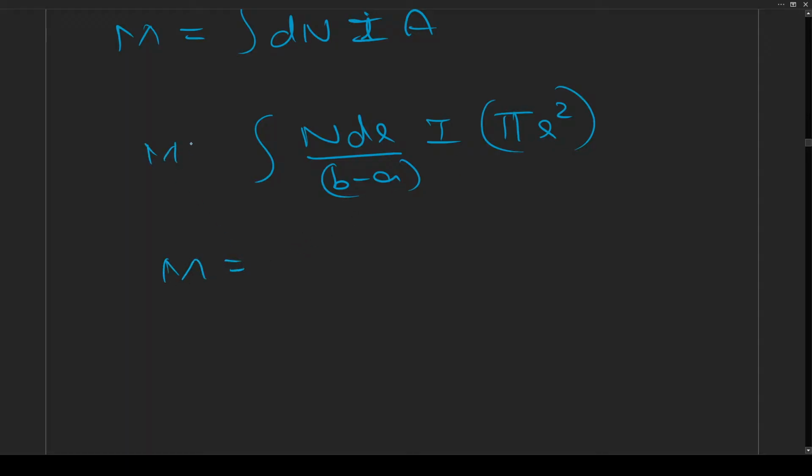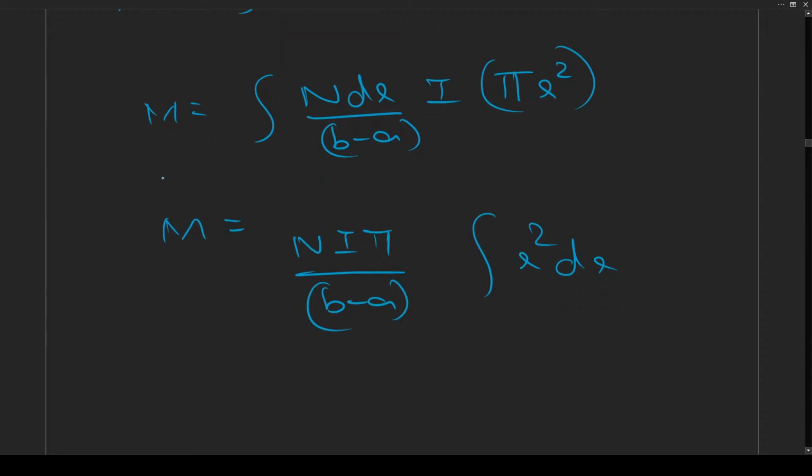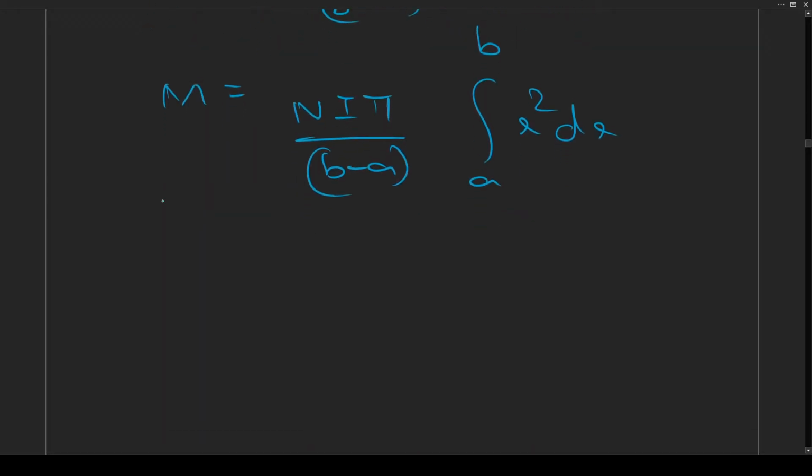Magnetic moment is equal to n I pi by (b minus a) times r square with respect to dr. The integration is from a to b. This is the inner radius and outer radius.